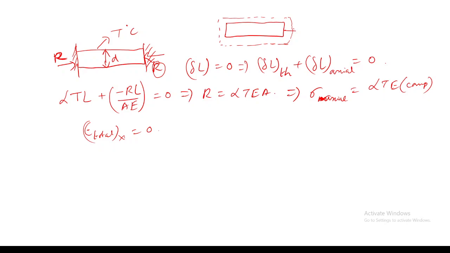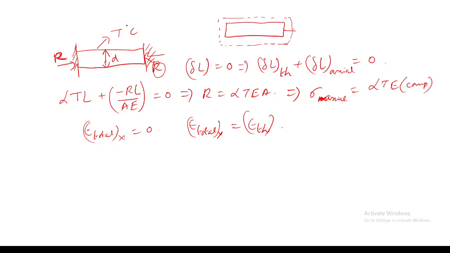Now coming to the y direction. What will be the value of the total strain in y direction? One due to thermal. And another one, is there any component due to the axial load?